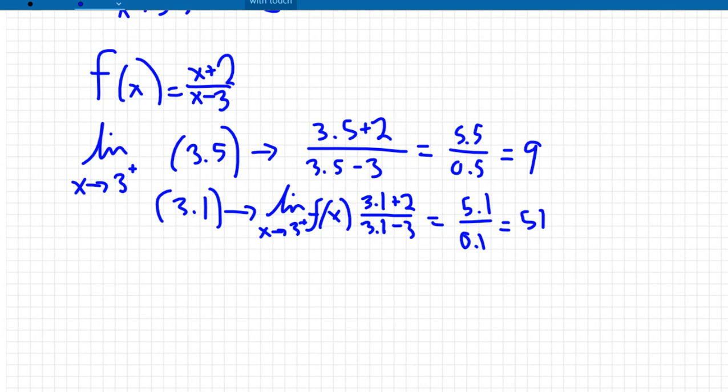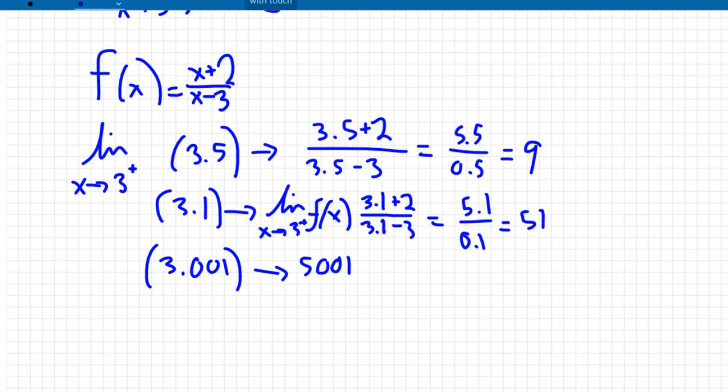So if we were to evaluate it again, for example, at 3.001, we'll find that basically the numerator will relatively stay the same. 5.5 is not too much different than 5.1, but the denominator will get increasingly small, very, very close to 0, which basically means that our actual number will just get greater and greater. So when we evaluate this, it'd be 5001.